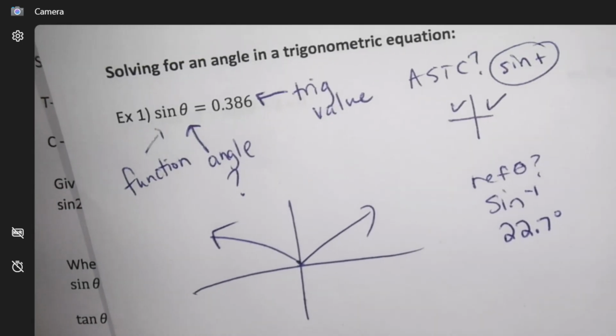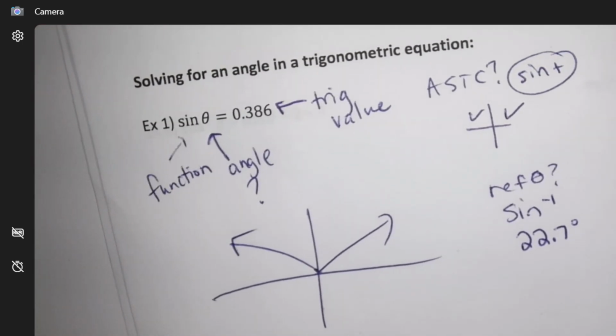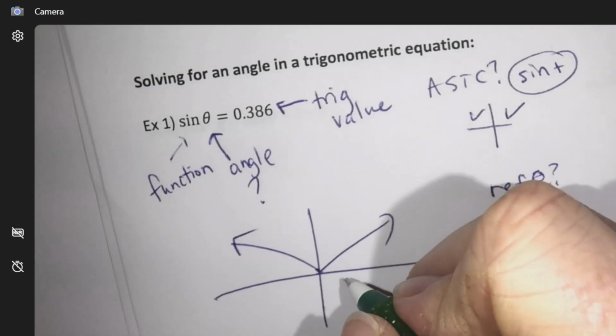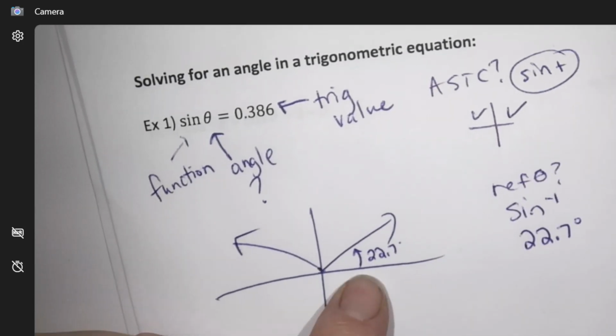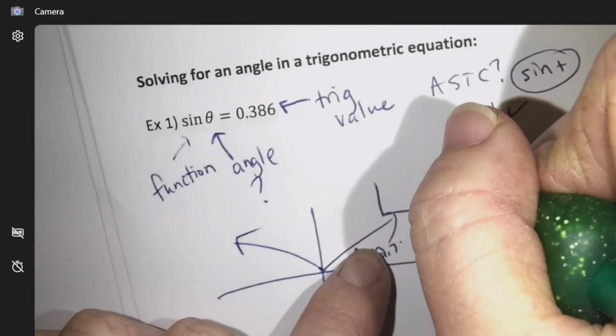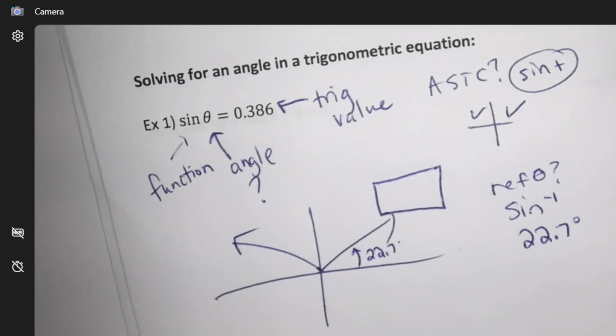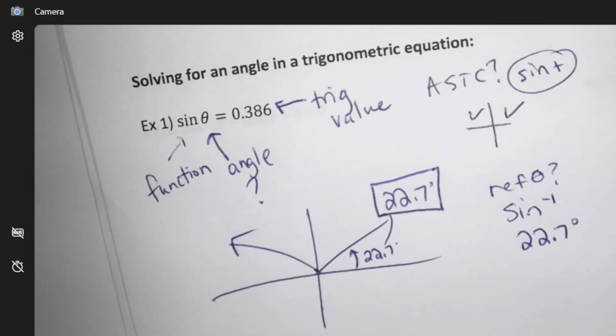So we figured out this ASTC stuff. We figured out the reference. So the last step is to figure out where am I exactly. Okay, so if I go 22.7 degrees from this x-axis, I am at, well, 22.7 degrees.